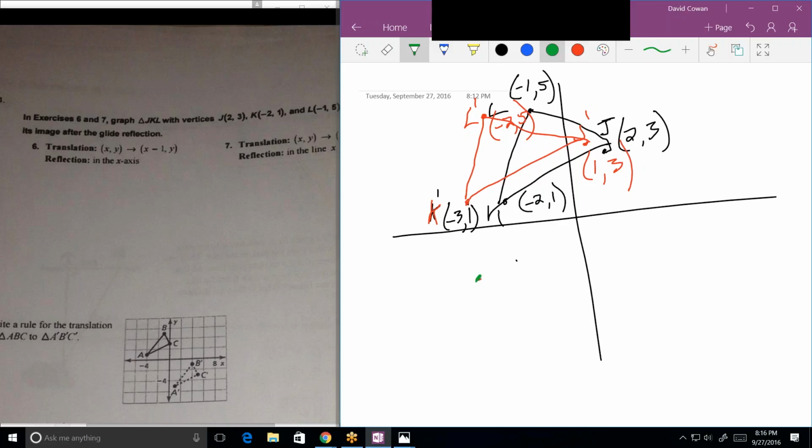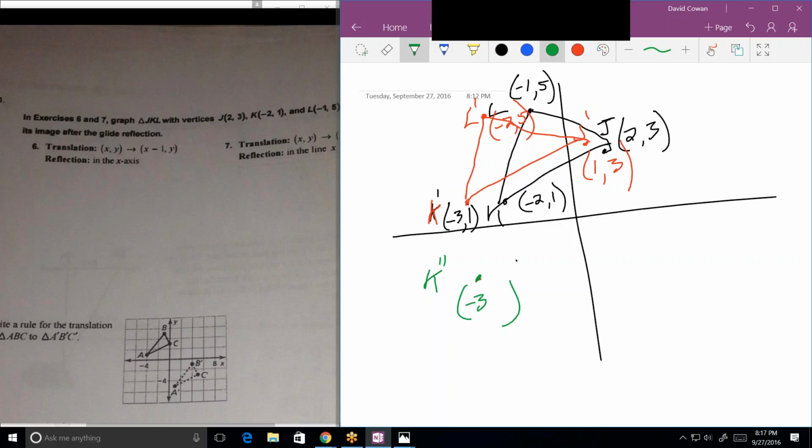So we'll call this K double prime, just because we're doing it in steps. You wouldn't normally use K prime and K double prime; you would just use K prime as your final point. But since we're doing it in steps, I'll use the double prime. What is the coordinate when I flip that point over the x-axis? Negative 3 comma negative 1.